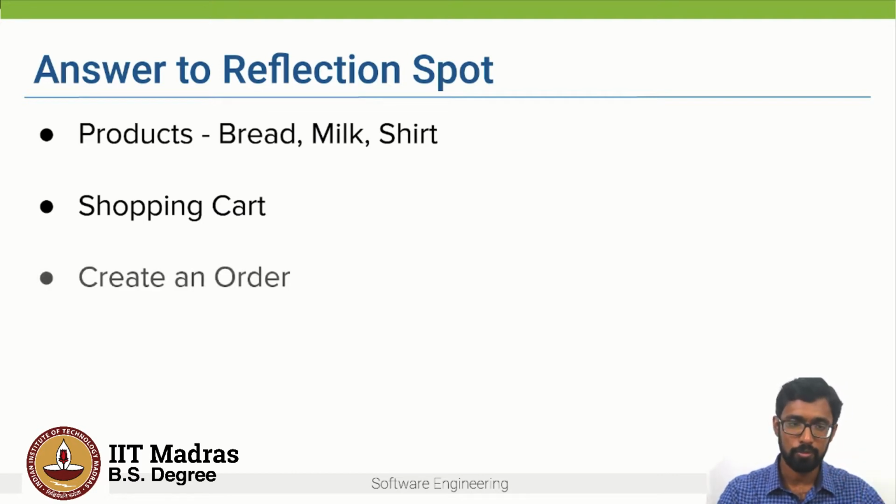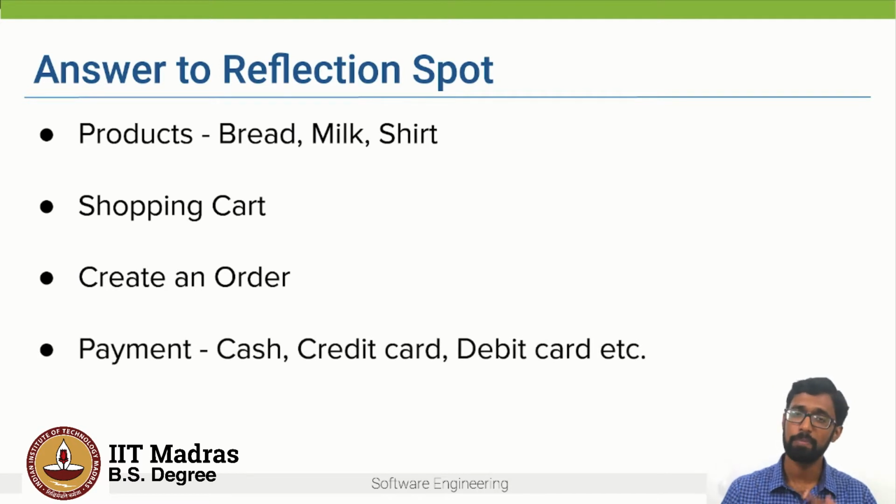Then you go to the cashier and he or she creates an order, which is the list of products as well as a total bill. And then you make a payment. This payment can either be in cash or through a credit card or a debit card. So these are also tangible objects. Similarly, in software systems, we create objects which represent real world tangible entities.